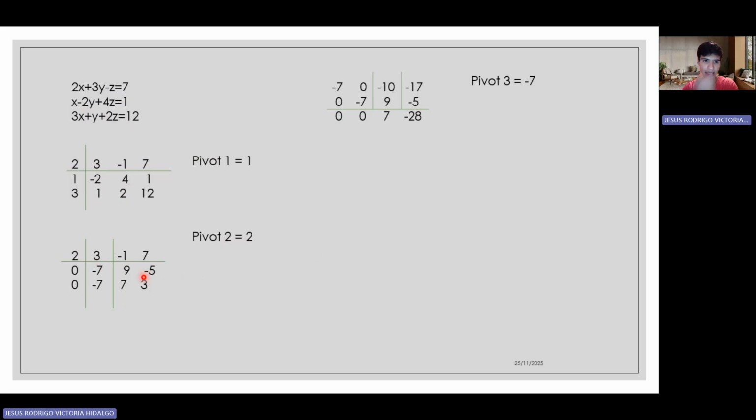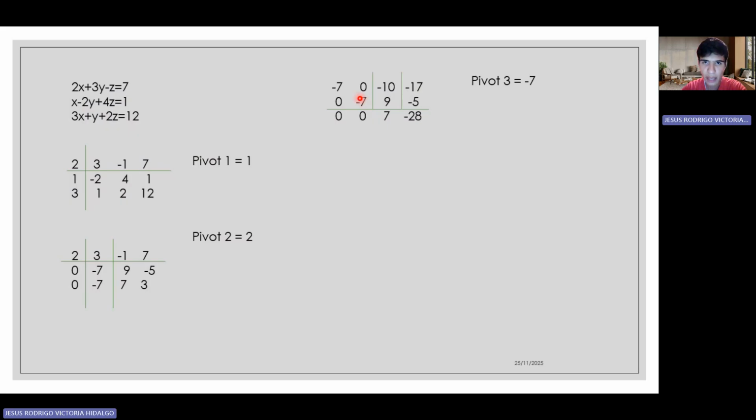Our column will be made 0 and 0, and the row is going to pass just like this: minus 7, 0, 9, and minus 5. And now we have this cross, and based on these values, we're going to get the respective positions.